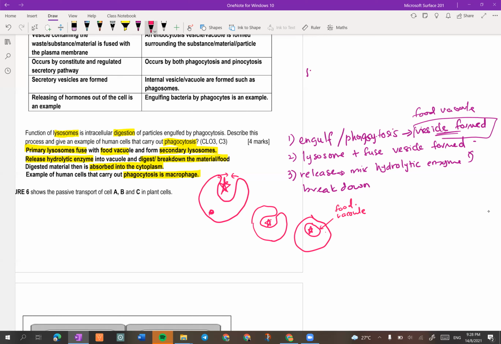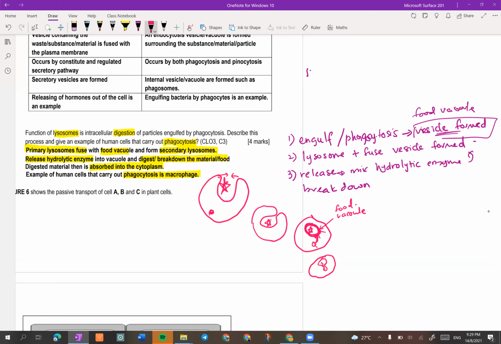Okay, so now we want to digest it. The primary lysosome, produced by the Golgi apparatus earlier, will come here, because this is a membrane. Okay, because what surrounds the lysosome is a membrane, and this one is also a membrane. The part here, the vacuole, its surrounding is a membrane as well. So they can fuse together, and hence indirectly it will release. So let's say I draw it like this, and this one belongs to the lysosome.